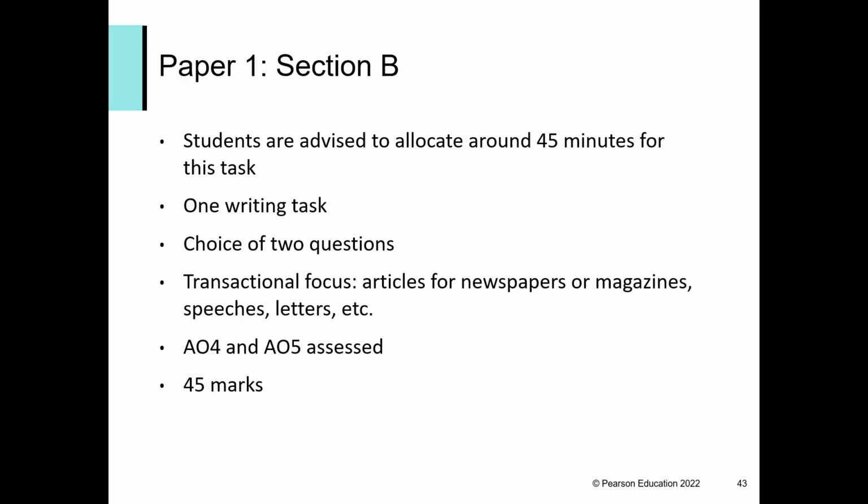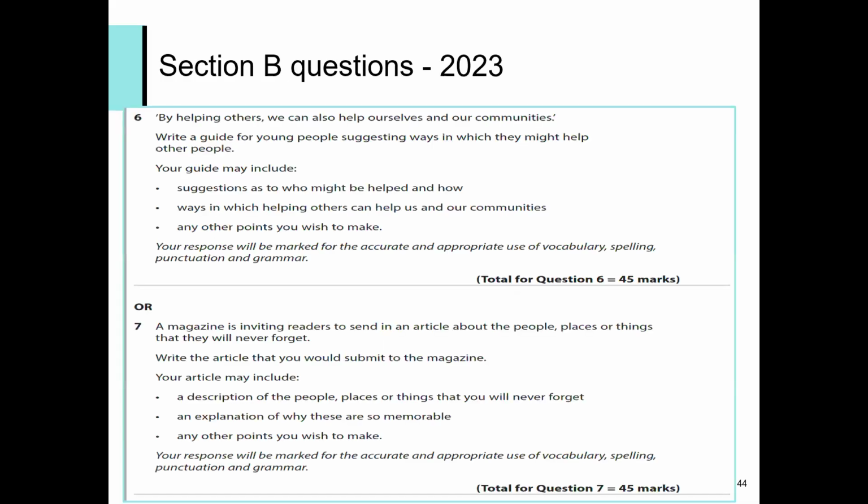So this is section B, and the questions for the June 2023 paper were, by helping others, we can also help ourselves and our communities. So we can see that loosely the extracts act as a springboard for these questions, but it is only a loose connection. Write a guide, so there's our text type, for young people suggesting ways in which they might help other people.